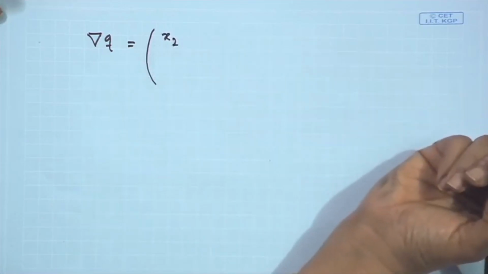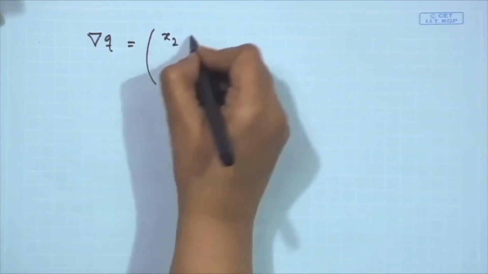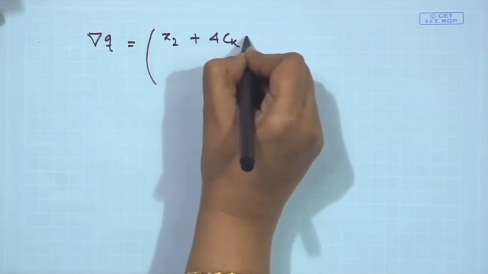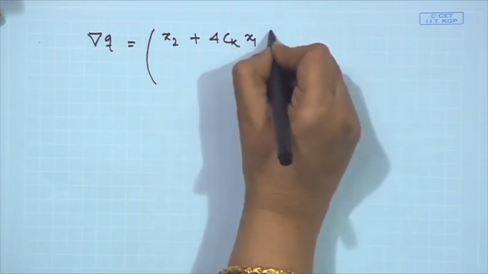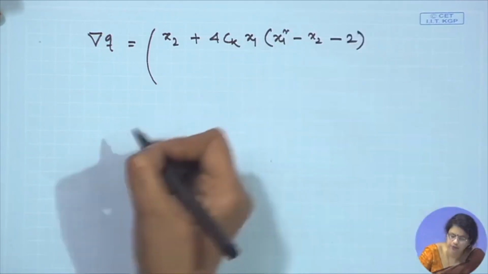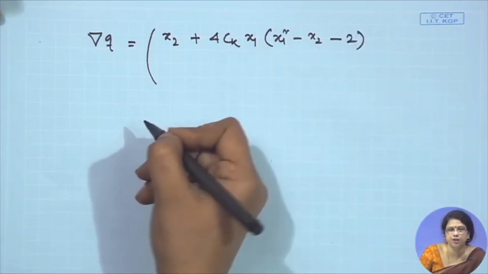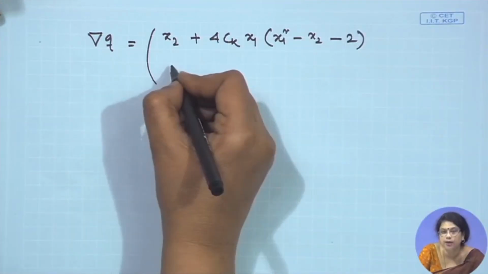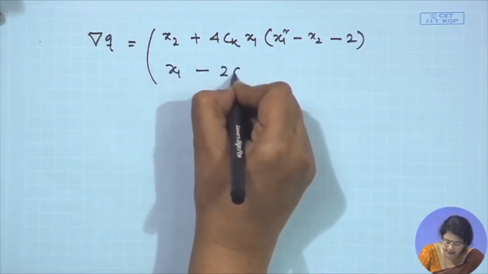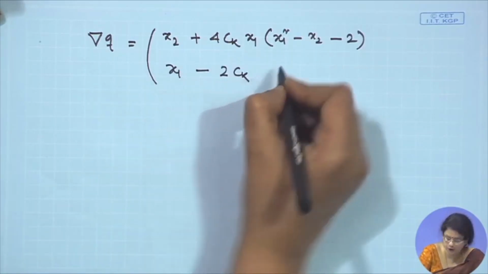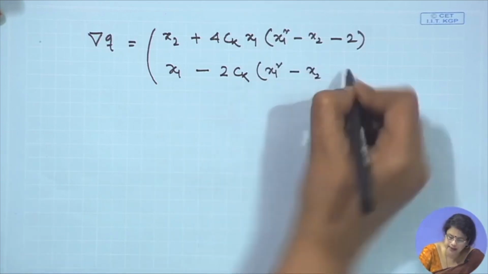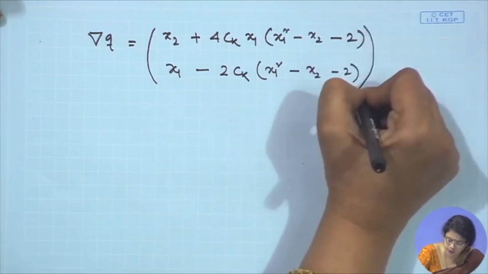Differentiation of q with respect to x1 is equal to x2 plus 4 Ck x1 (x1 square minus x2 minus 2), and if we differentiate q with respect to x2, then we get x1 minus 2 Ck (x1 square minus x2 minus 2).